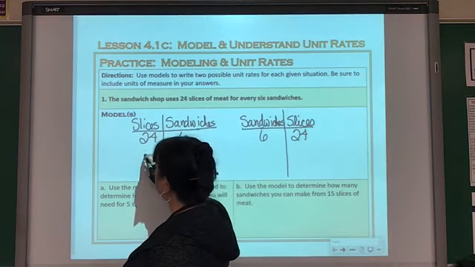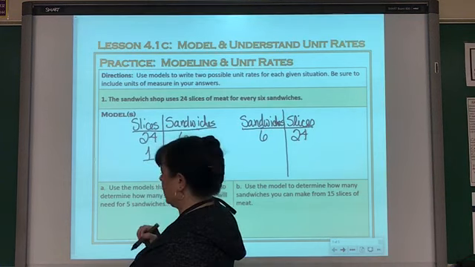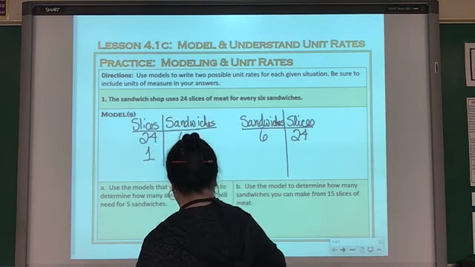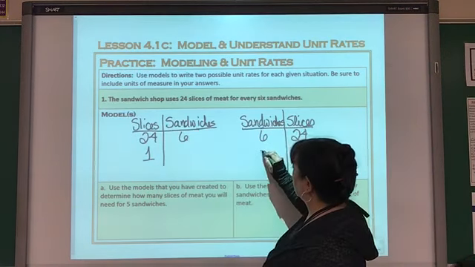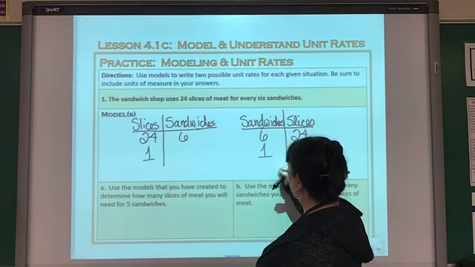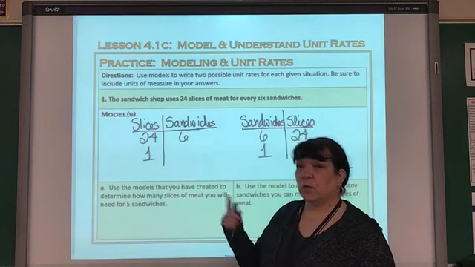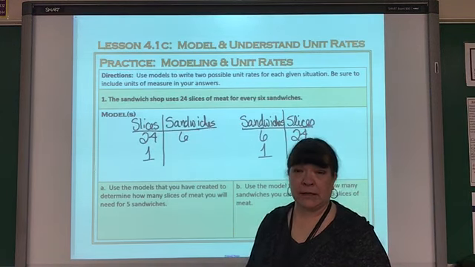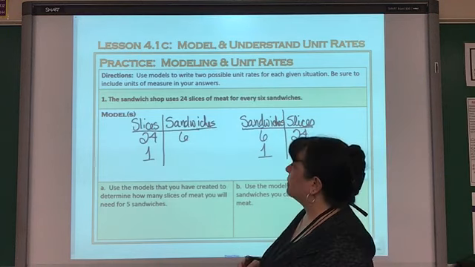So I am going to put a 1 here, and we're going to find what goes with 1. Same thing over here, putting a 1. So that we can then set up a unit rate, because a unit rate is per 1 of something.